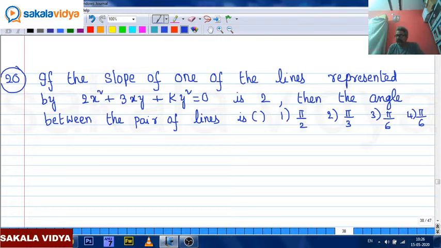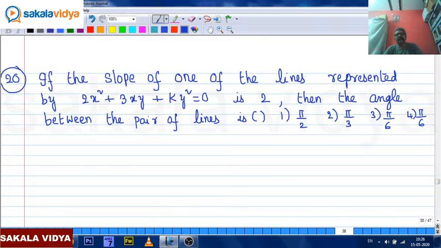So first we need to make the plan here. The slope of one of the lines represented by 2x square plus 3xy plus ky square equal to 0 is 2. It represents two lines which pass through the origin, so the line will be y is equal to mx.